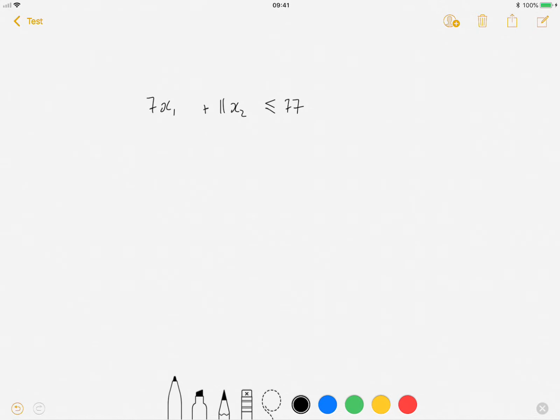Now if we define a slack variable, S1, we can change this inequality into an equality: 7x1 plus 11x2 plus S1 equals 77.